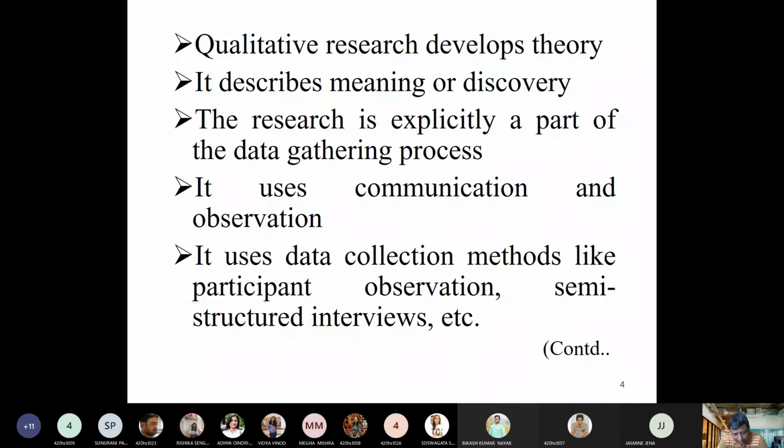While we are interacting and communicating with people in qualitative research, we observe.